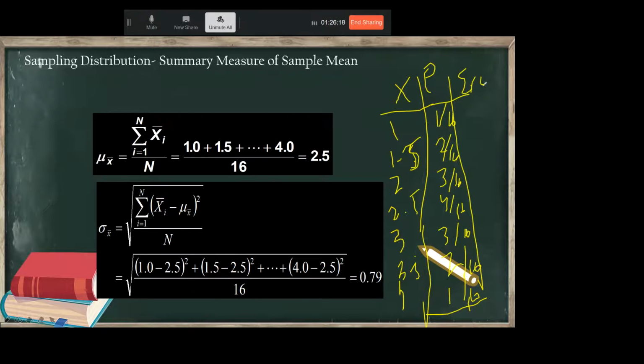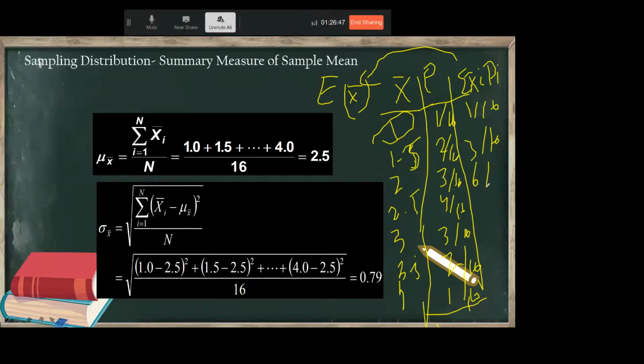So the sum of xi pi is also the expected value of x bar. So here I'm talking about x bar. You multiply each value by its probability: 1 times 1 is 1 by 16. 2 times 1.5 is 3 by 16. 3 times 2 is 6 by 16. 4 times 2.5 is 10 by 16.